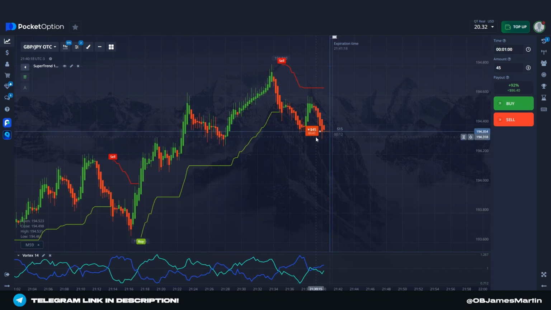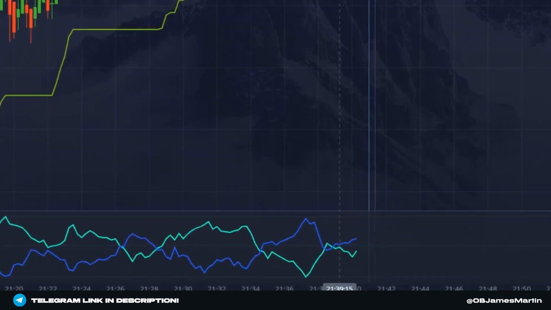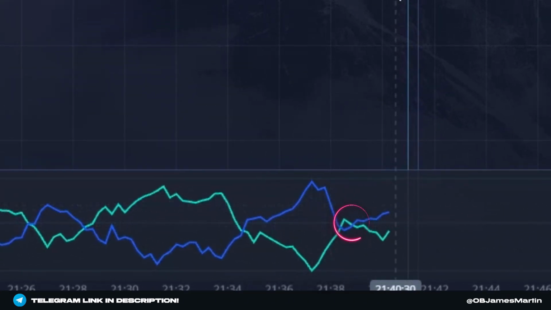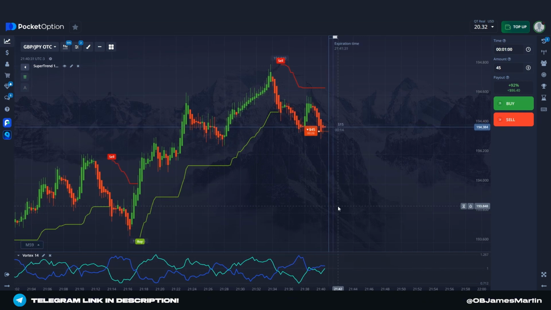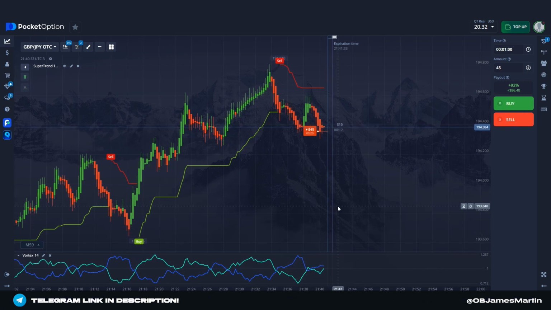It's a sell signal from our SuperTrend, confirming the trade entry, as I said in the previous one. Right here, our Vortex indicator lines intersect with each other. The blue line with the green line, it's above and gives us a very good opportunity to enter trades. Another thing I advise is to look at the levels, also for you to understand the trend, in this case a sell trade.